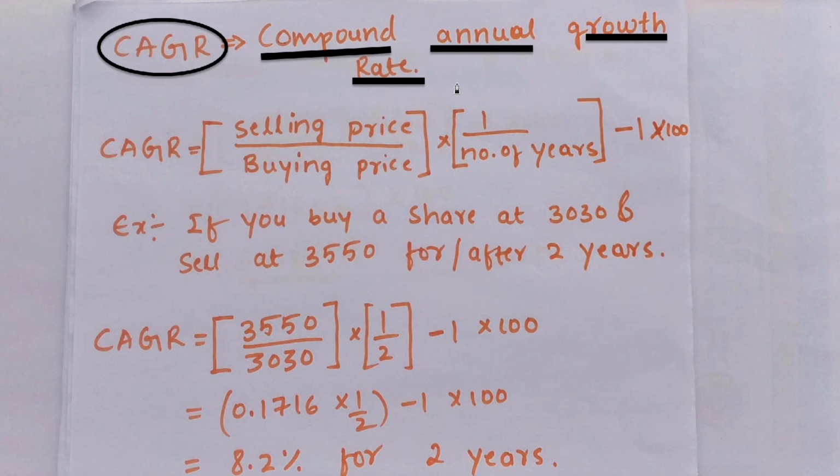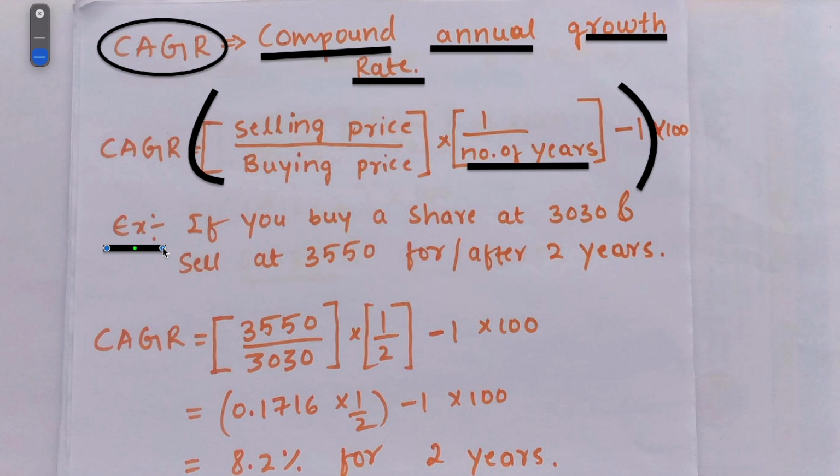The formula for that is selling price divided by buying price, that is, the price at which you sell the share and the price at which you buy the share, raised to the power of 1 by the number of years that you hold the share, the whole minus 1, into 100, which gives a percentage.